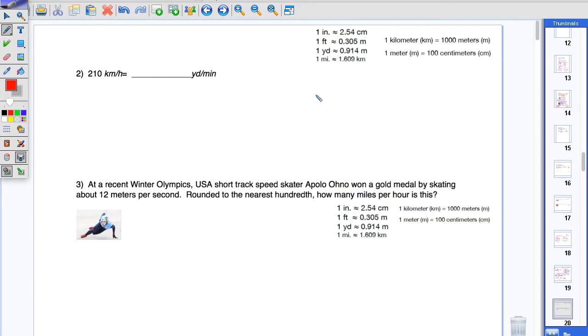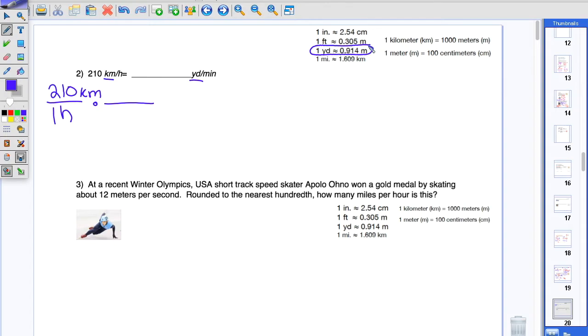Over number 2, 210 kilometers per hour, and we want to know how many yards that would be per minute. Start by writing your original, putting in your units, and we want to do our conversion factors going from kilometers to yards. So we have yards in here, but it is going from yards to meters.